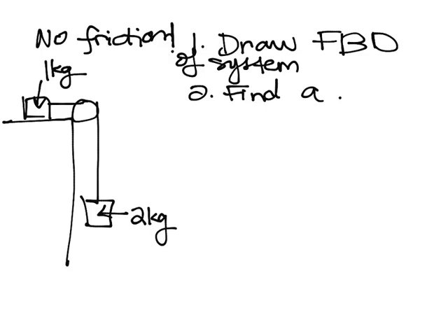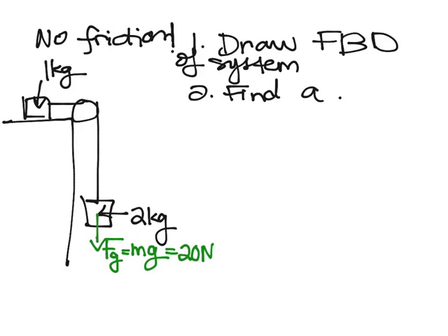Alright, so now that you've taken a minute, let's go over the external forces acting on this system. On our 2 kilogram, we have Fg, and we know that's m times g, 2 times 10, which is 20 newtons.